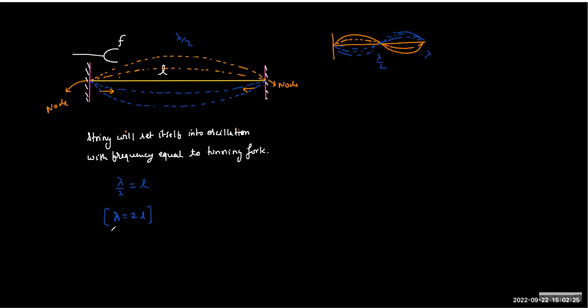So what we are trying to understand here is that when you set this into oscillation, it will have a well-defined equation of motion. And the way we write the equation of motion is very simple.